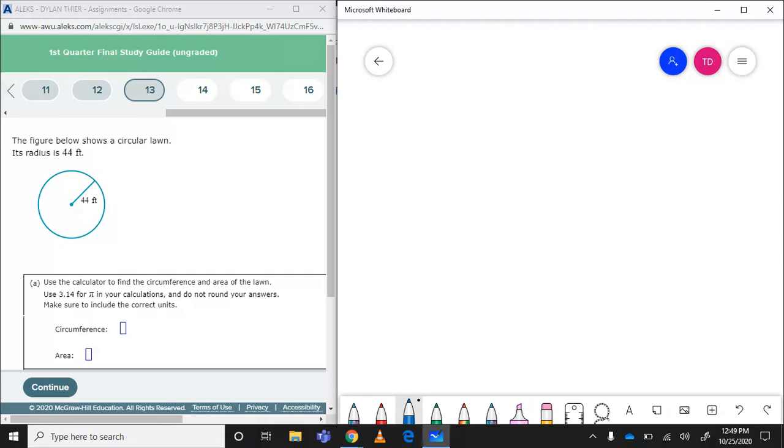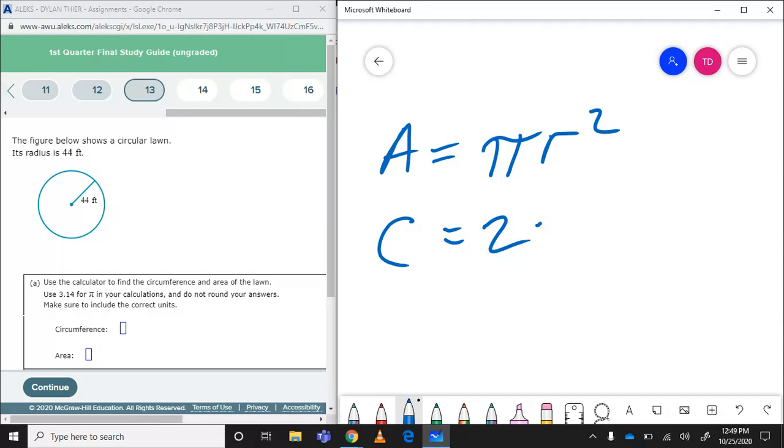Okay, so we end up with these two equations, the area, which is pi r squared, and the circumference, which is 2 pi r. They're easy to mix up. The way that I would keep them separate is the one that is a two-dimensional thing, an area is two-dimensional, has an exponent of 2. Okay, that's the best way that I keep them separate.